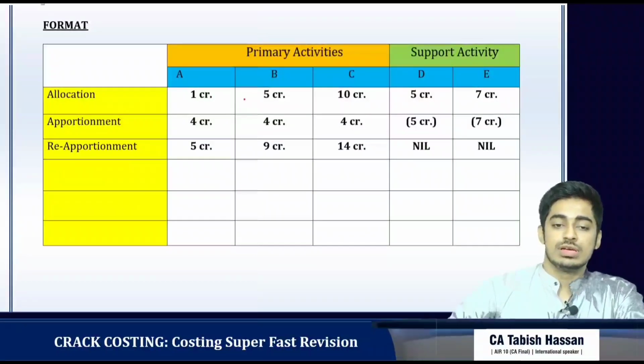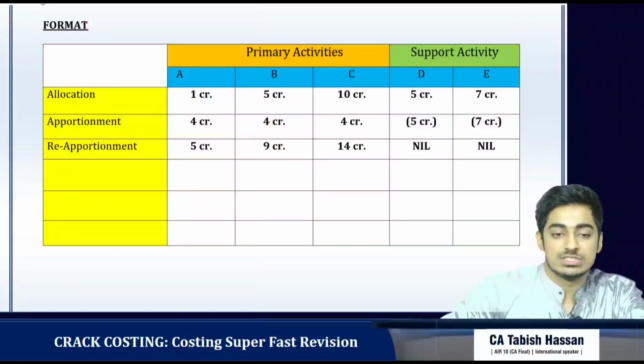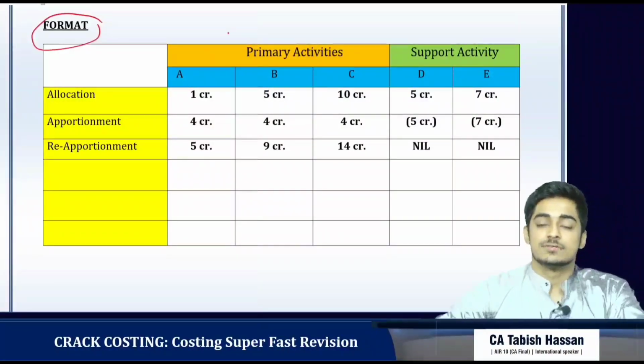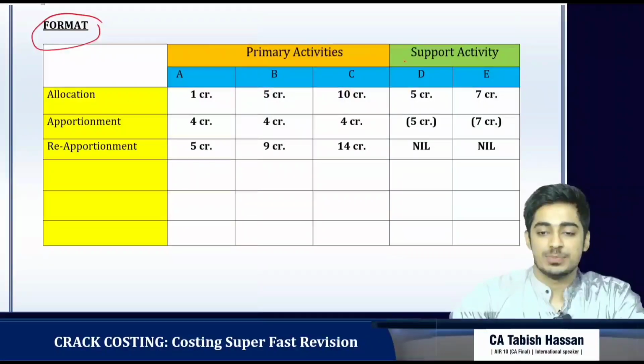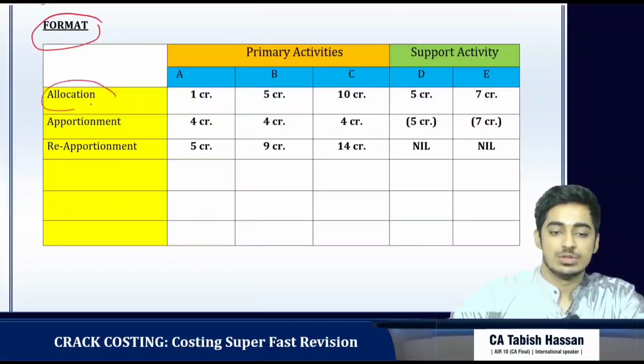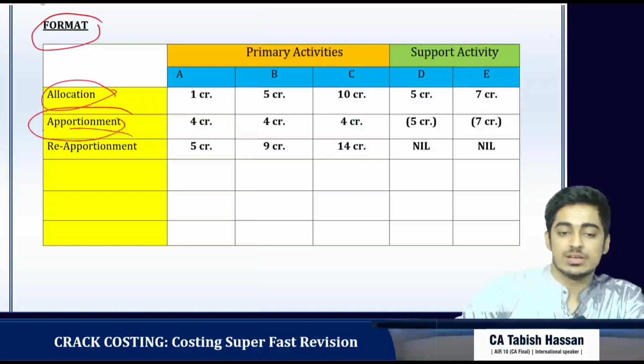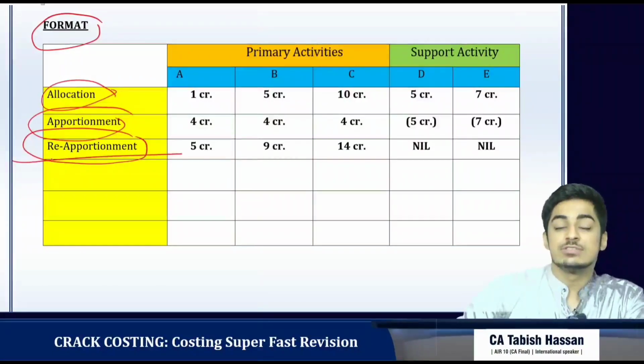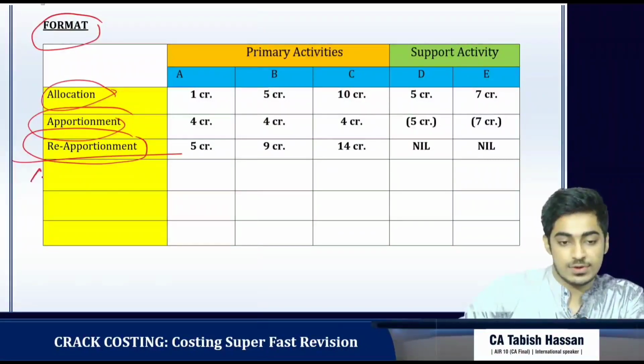So this is the format of solving questions of activity based costing. First, we'll bifurcate the activities between primary and support activities. We'll do the allocation, we'll do the apportionment, we'll do the reapportionment. This gives us the total overhead activity wise. We call it activity cost pool.